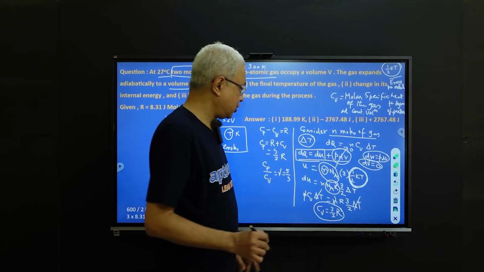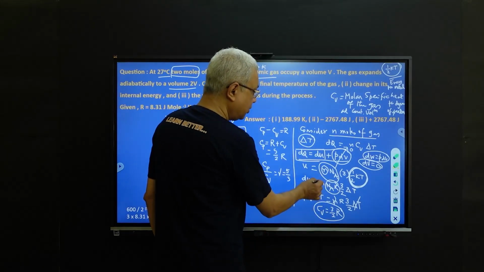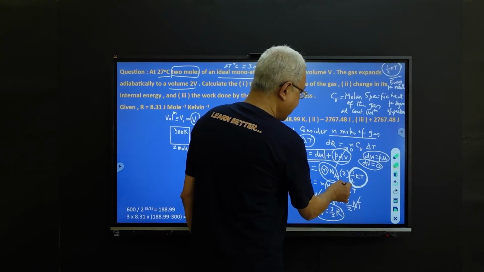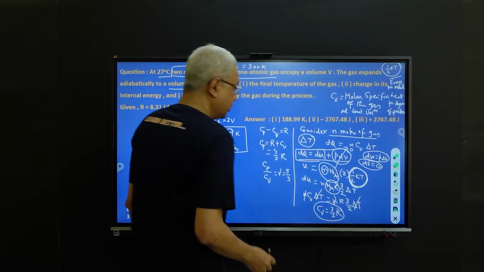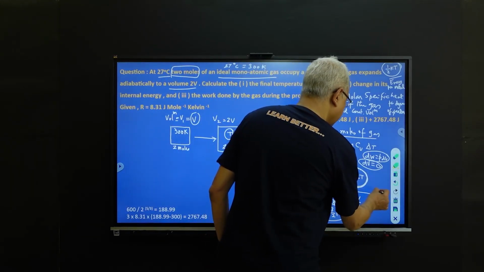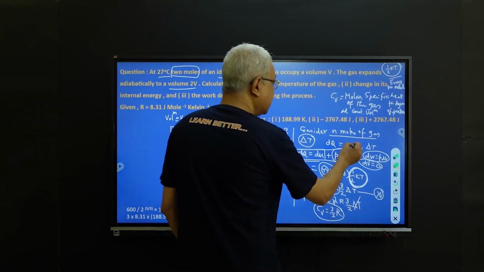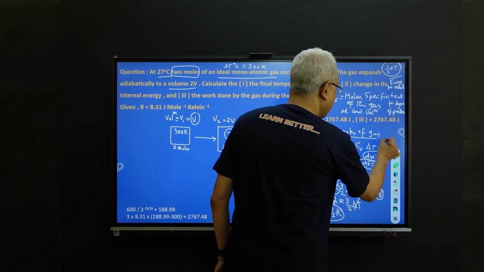So du is equal to n Na k 3 by 2 delta T. These two quantities are equal.